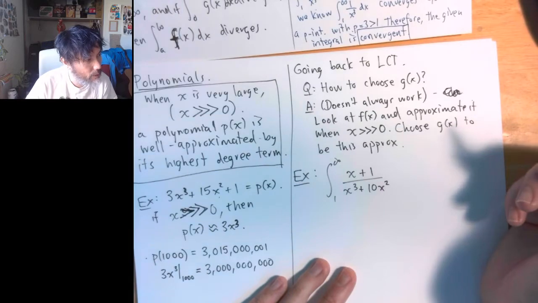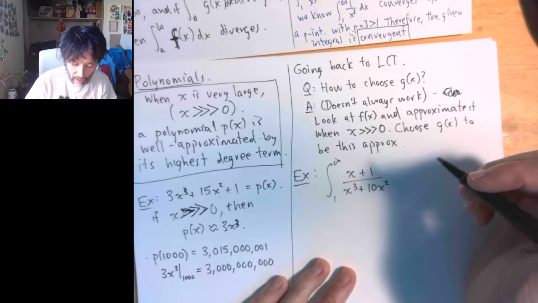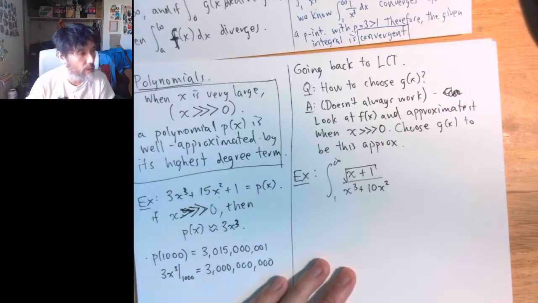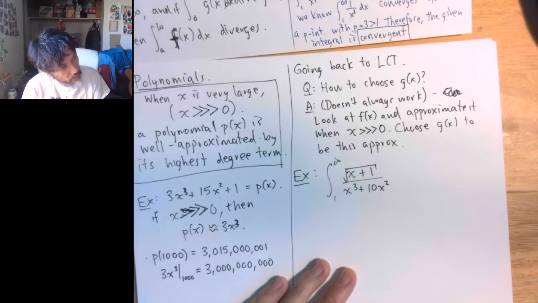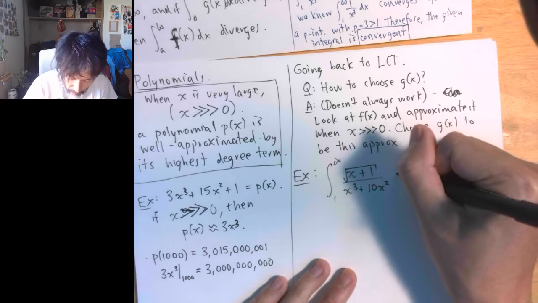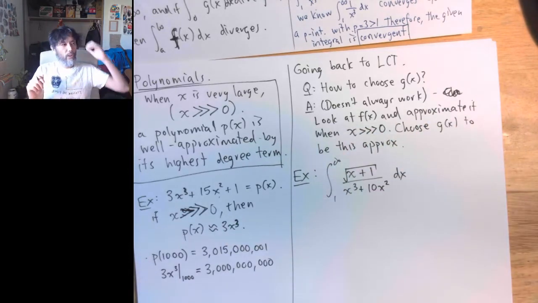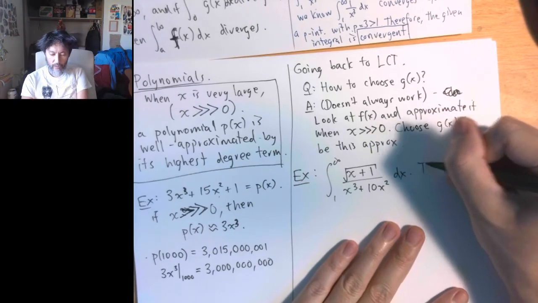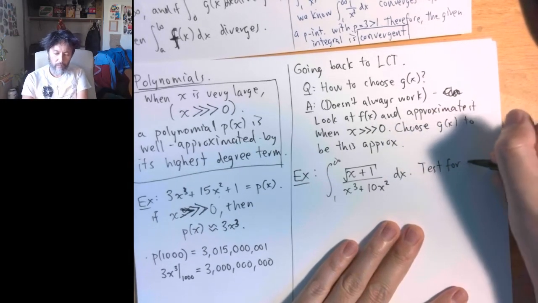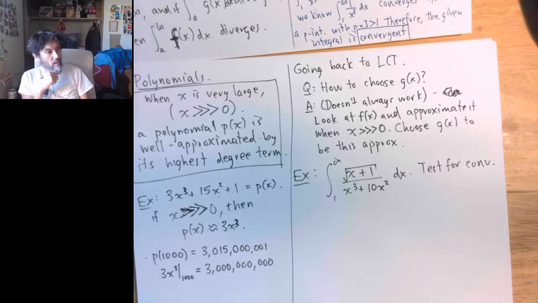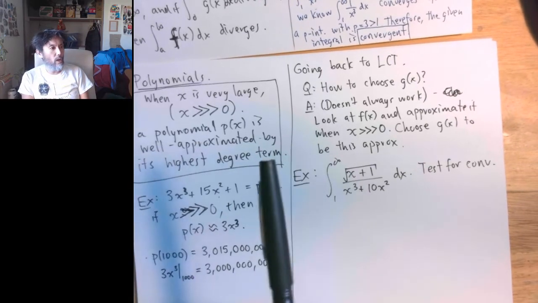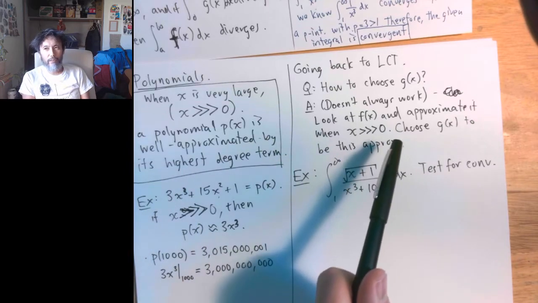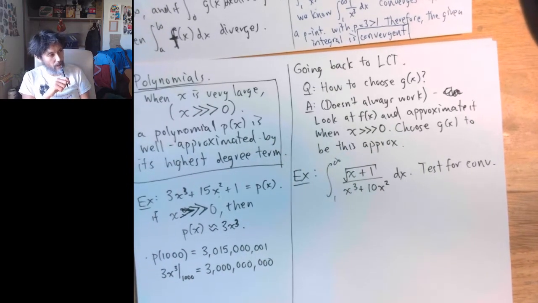And just for fun, let's put a square root on top here. What I'd like you to do is test for convergence. For those of you that are watching on YouTube, you can pause the video right now and give this problem a shot.